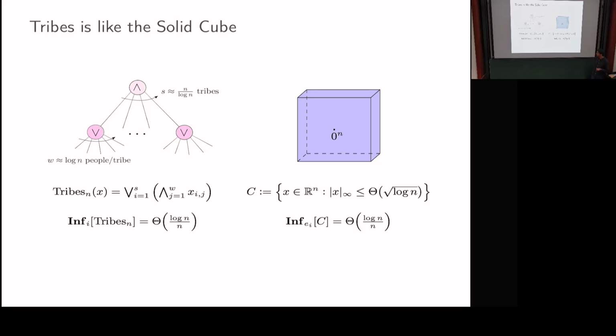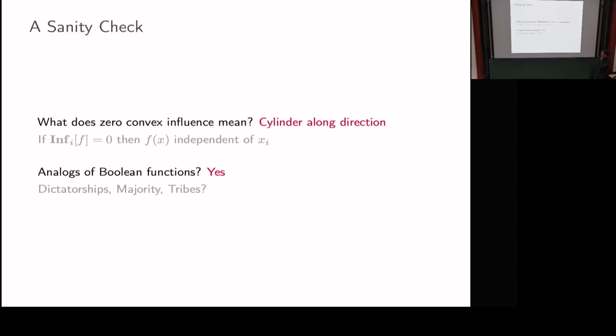It relies on the Brascamp-Lieb inequality. So this notion of influence passes at least two basic sanity checks: 0 convex influence means that it's a cylinder along a direction, and you get analogs of these basic Boolean functions. And we also already saw that the Talagrand type correlation inequality holds for this notion of influence.